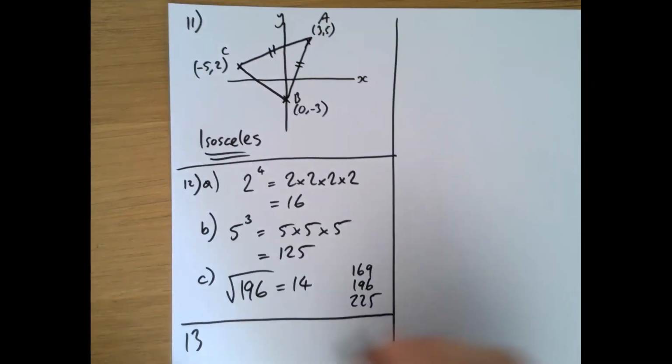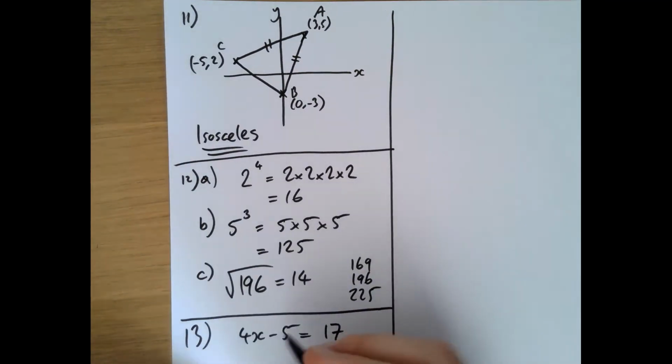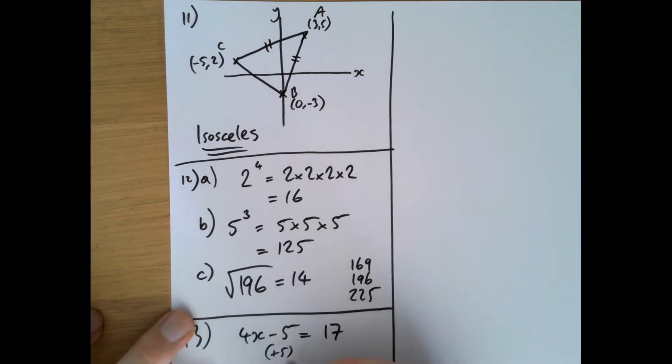So we've got 13. Solve 4x minus 5 equals 17. Whatever way you solve equations, we're going to try and find what 1x is. So I'm going to add 5 to the left hand side, and I need to do the same to the right. 17 add 5 is 22. Minus 5 add 5 is nothing, so we're just left with 4x.